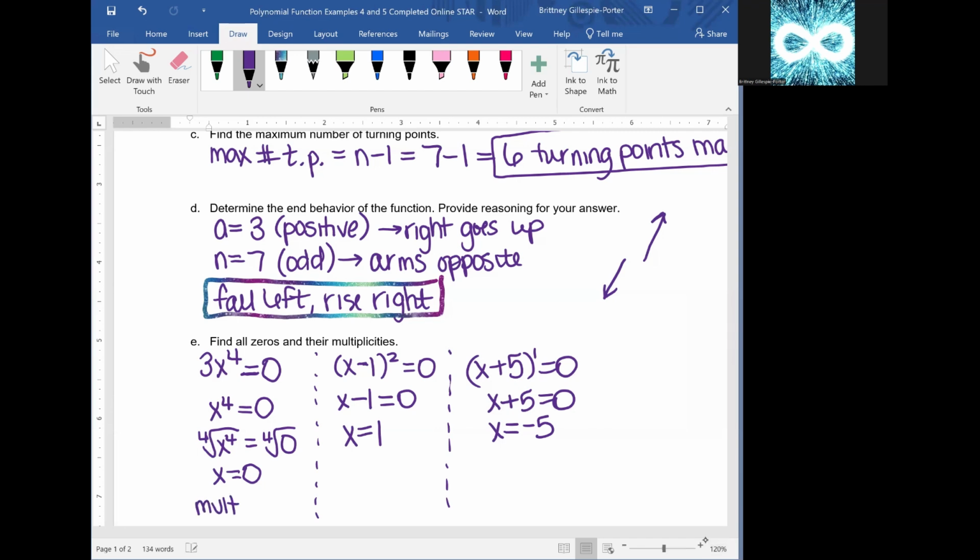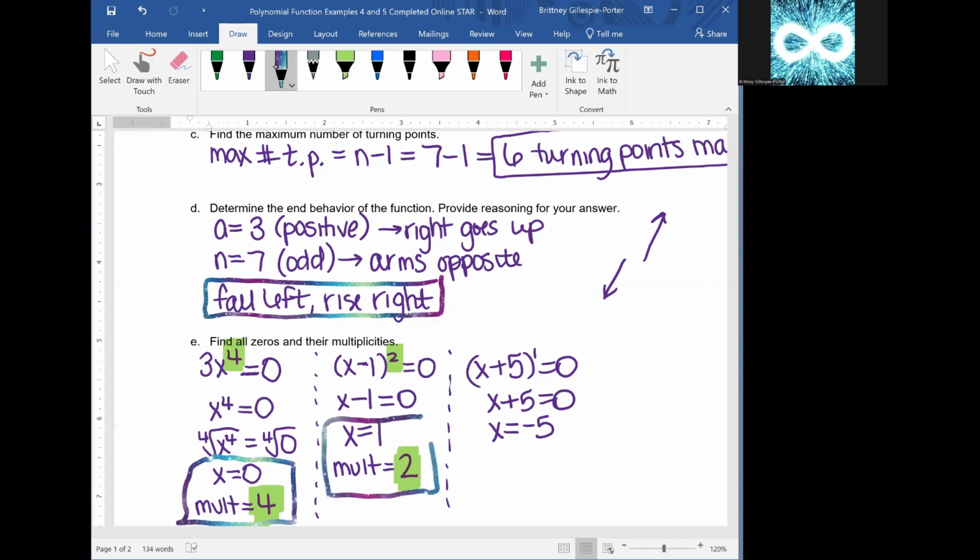Remember, in factored form, our multiplicities come from our exponents. We had an x to the 4th, which means x equal to 0 has a multiplicity of 4. We have x equal to 1. Its exponent is a 2 on our parentheses, which means that its multiplicity is 2.